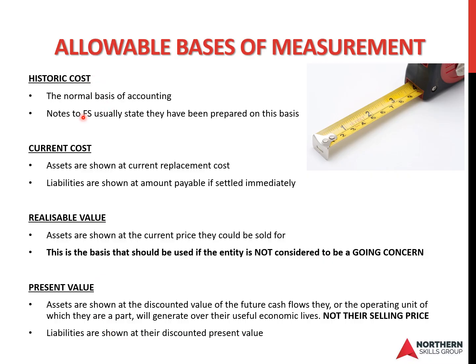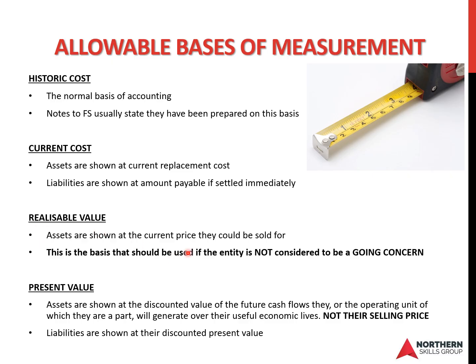So those four bases are sometimes asked in question 3, and it's where marks are often lost because the bases titles don't usually reflect exactly the method that's used. So current cost is replacement cost.